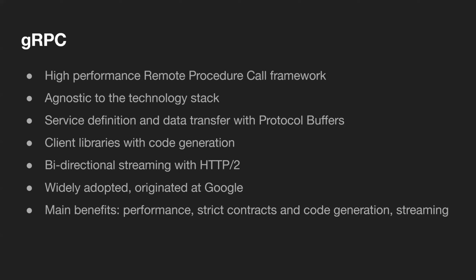And because it is very widely adopted in the industry, I think every popular technology stack today has a gRPC implementation, and it is very suitable for service-to-service communication in distributed systems, and it can be very useful even if the services are using different technology stacks. So you can implement a gRPC service in .NET, and then you can call it from Java or Python or Node or any other popular technology.